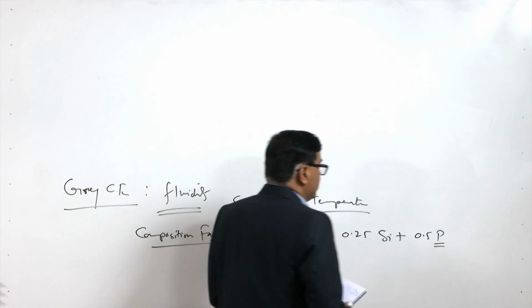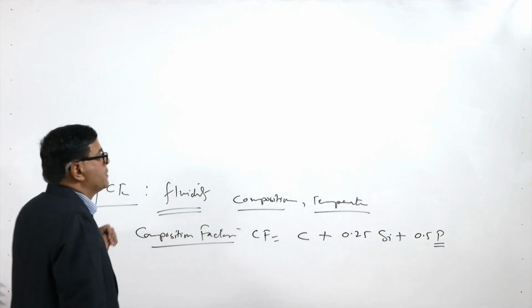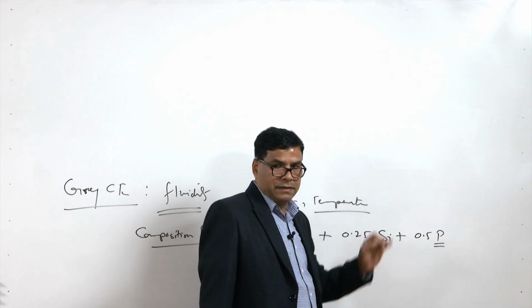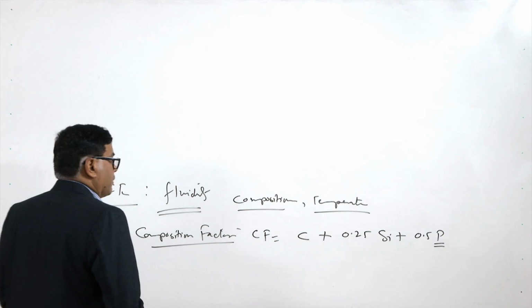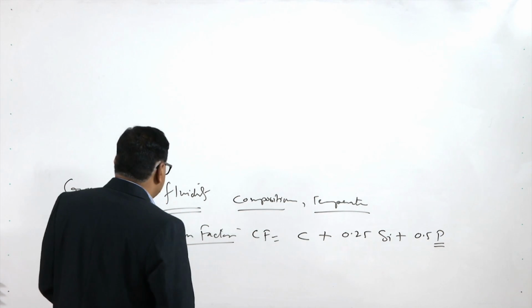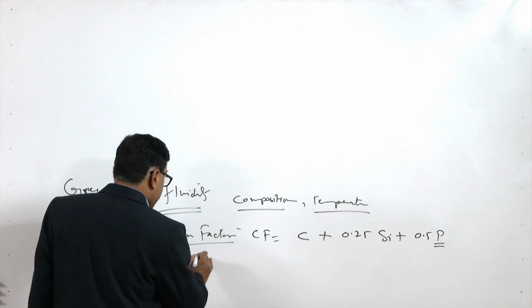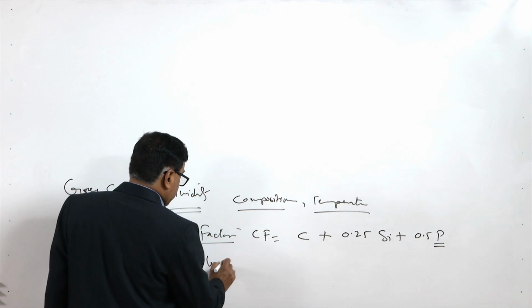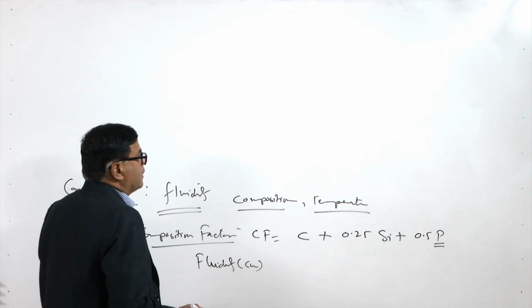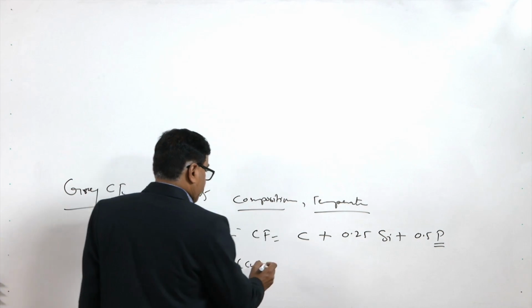These symbols represent the weight percentage of the carbon, the weight percentage of silicon and the weight percentage of phosphorus, which are to be used for calculating the factor Cf. Then the fluidity is to be measured in terms of the length in centimeter. So, I will come to how it is measured.